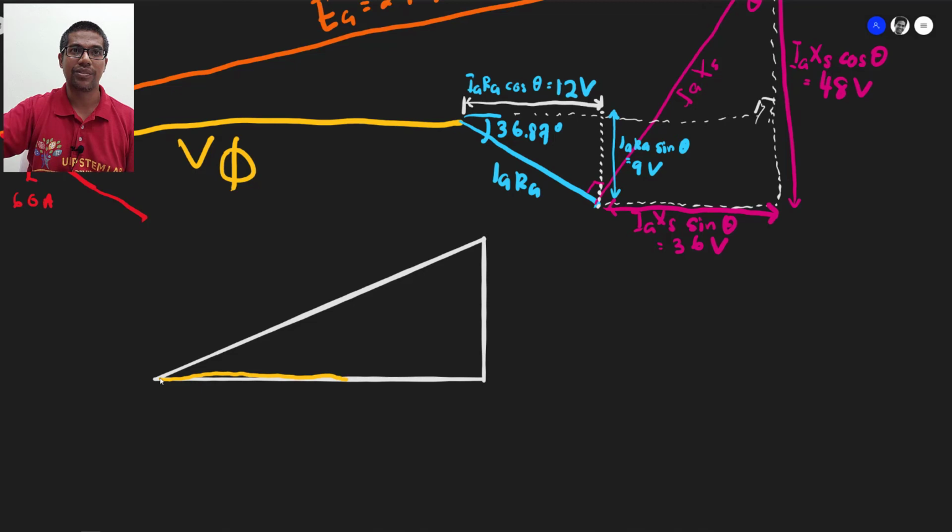And then we got our 12 volt here, and we have our 36 volt here. Remember this is our V phase.